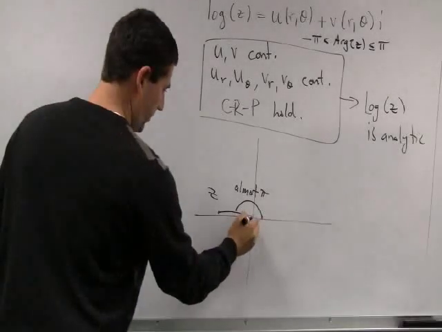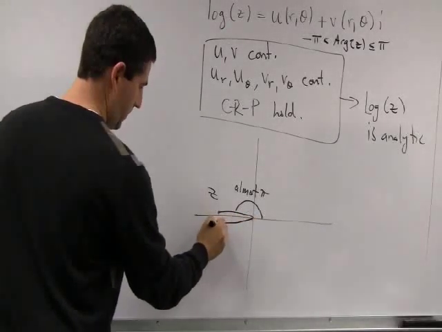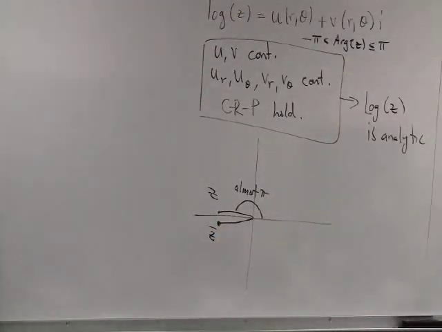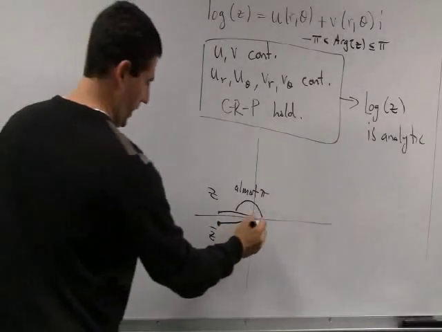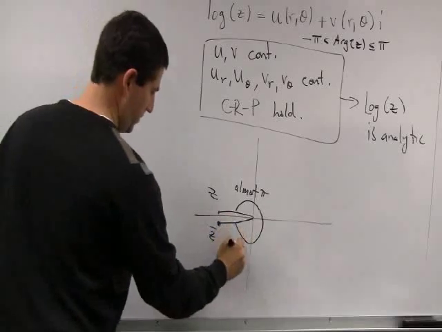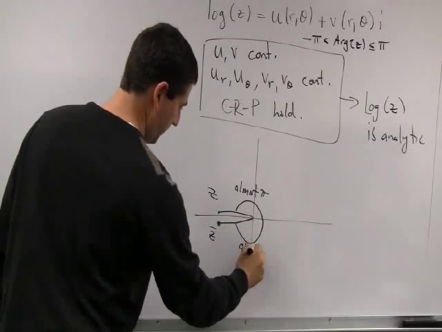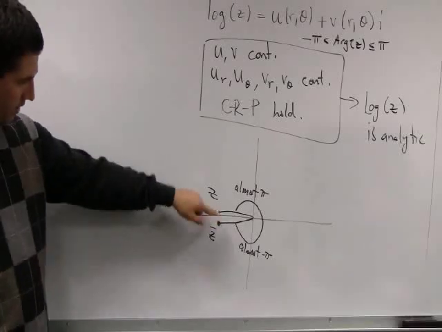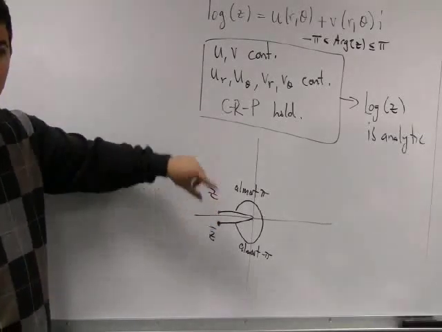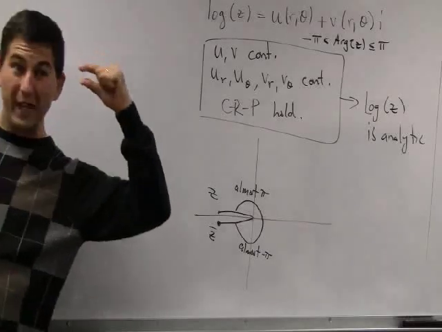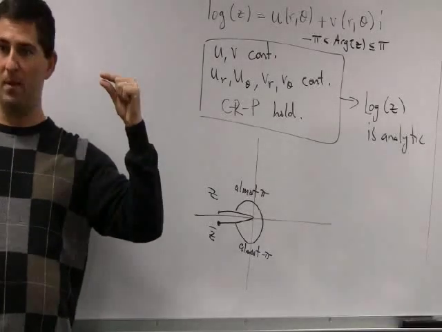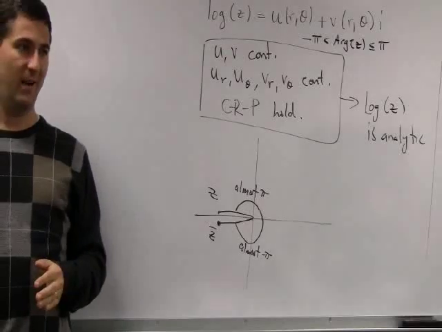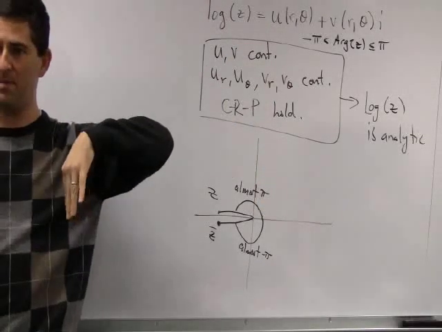Now, what if I just go a little bit on the other side? Okay, so here's, for instance, z bar. What's the angle? Well, the angle's actually almost negative pi. I can get really, really close to the edge here, and another point really, really close to the edge, so that the 2 points themselves are really, really close together, but their arguments are wildly different. Right? It goes from positive all the way to negative.